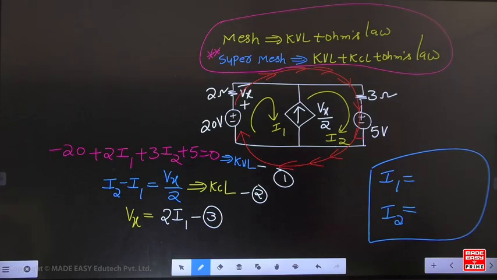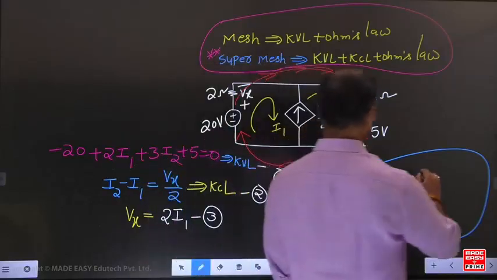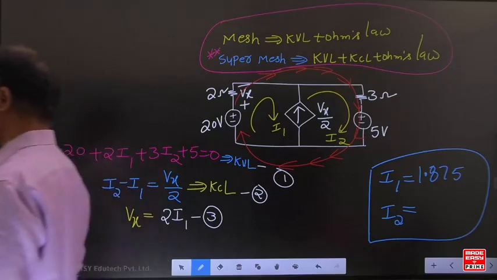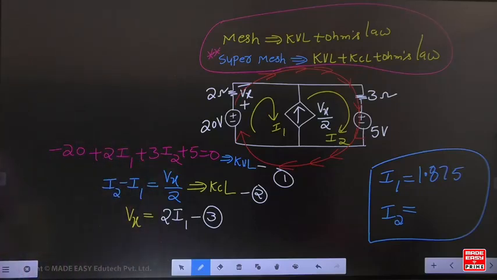Many students are saying I1 is 15/8. Check, is it correct? Fifteen by 8, many students are saying 1.875. What about the second one? Many students are saying 3.75.